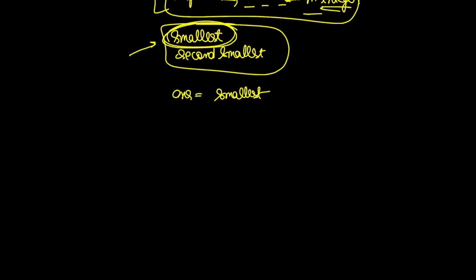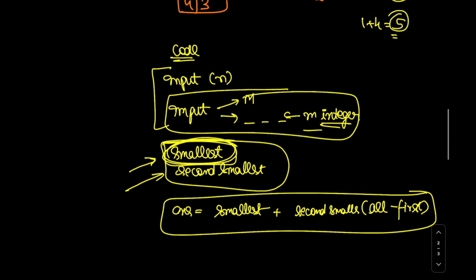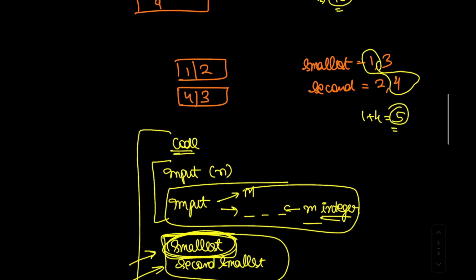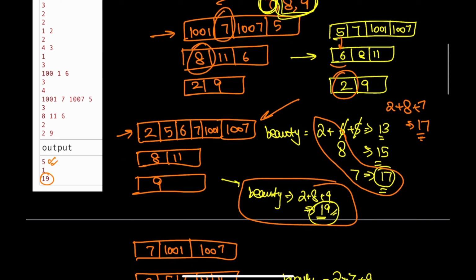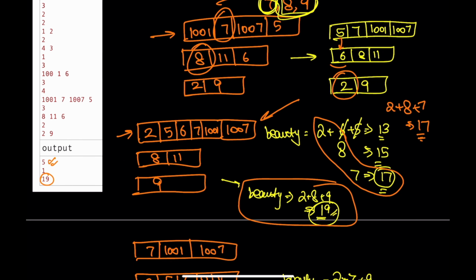After that we'll sort both of these, and we will add the first element of this and all the elements from the second smallest minus its first element. So that is going to be our answer. I hope you got the approach and the implementation. Dry run this once on yourself to understand how we came to this conclusion. We need to shift all the elements to a single array. Right? So now let's move on to code the same.